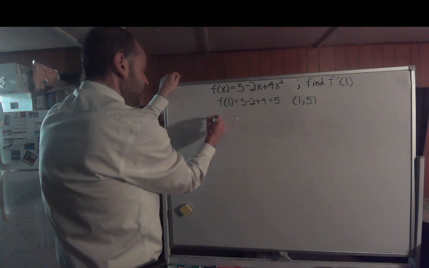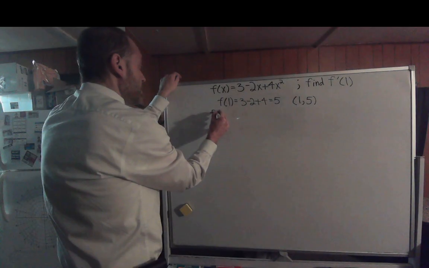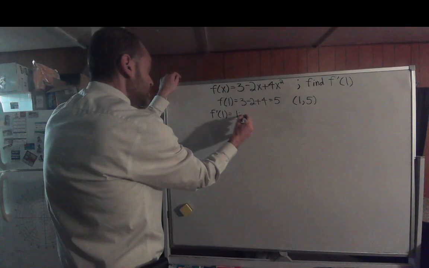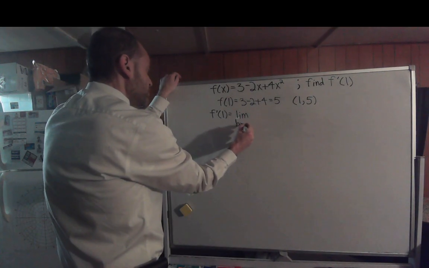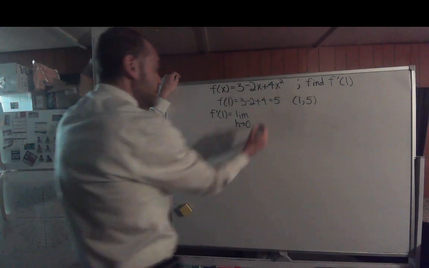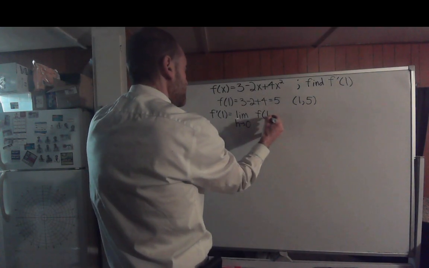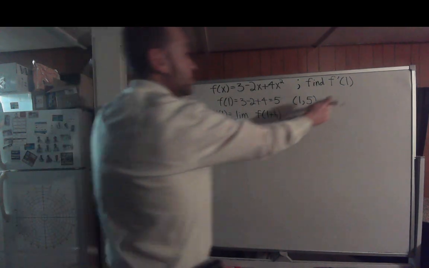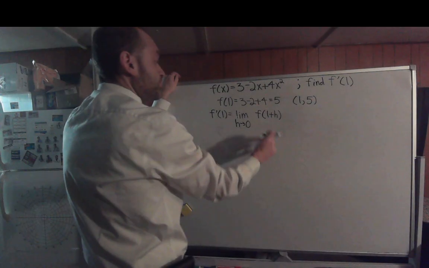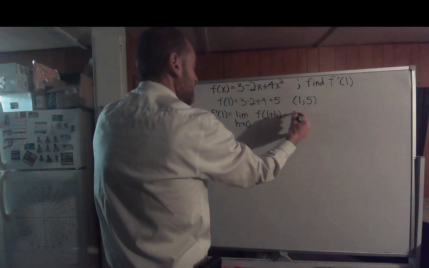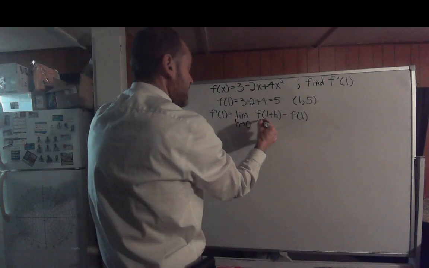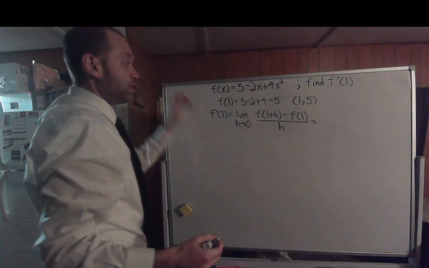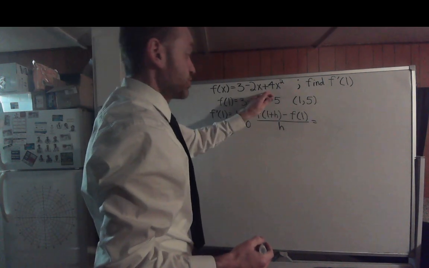So to find now f prime of 1, you're going to take the limit as h approaches 0 of f of 1 plus h, because 1 is your a, then minus f of 1 being your a, all over h. Now we just need to plug all this into the original function.